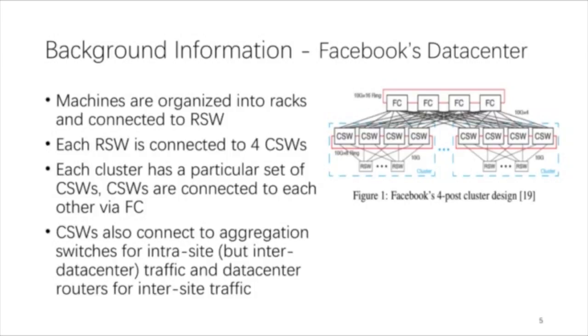Cluster switches are connected to each other through aggregation switches called FC. So the cluster switches also connect to other aggregation switches for intra-site traffic and data center routers for inter-site traffic.